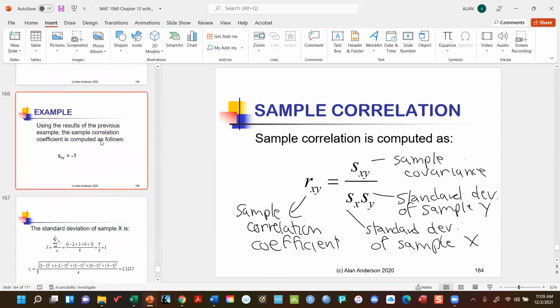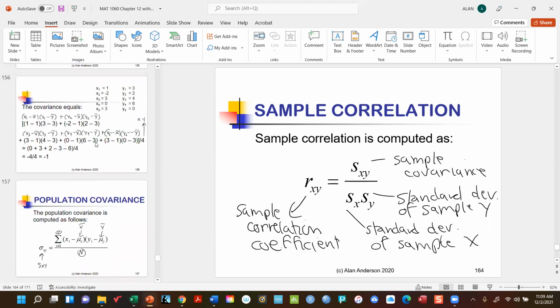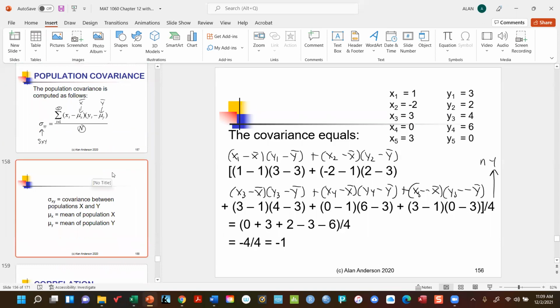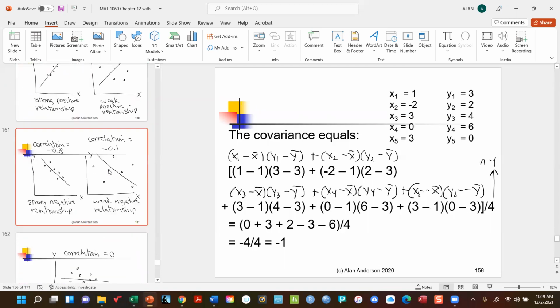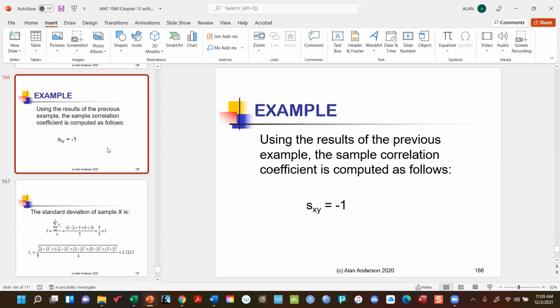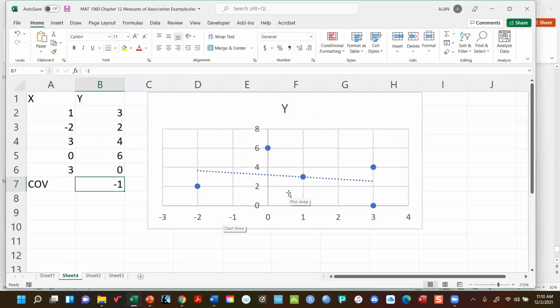So we're going to take that same sample data we had from way back here. And now we're going to calculate the standard deviations for X and Y and plug them into this formula. Okay, so remember, we found that the sample covariance was -1, but we couldn't be sure if that was a strong or weak relationship. Although, based on our Excel spreadsheet, we suspect that this is a very weak relationship. We're going to prove it by calculating the correlation.